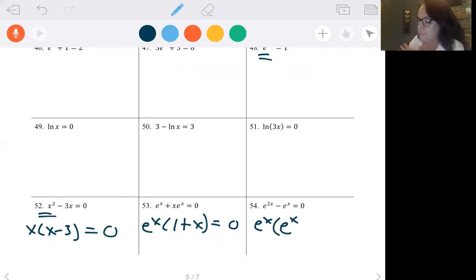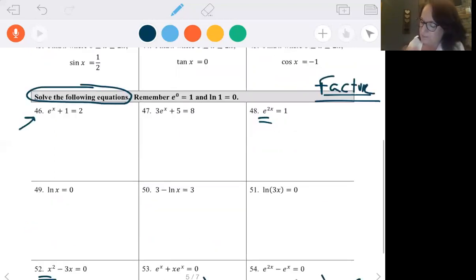All right, once they're factored, again, you wouldn't factor this guy because it wouldn't factor. It doesn't have anything you can pull out of it, but then you would just say, well, e to the x would have to equal 1. Maybe you just know that that's a 0. That's the only power you can raise a base to get 1. You could just write x equals 0. Or maybe you remember your teacher saying, well, you natural log each side, which is totally fine.